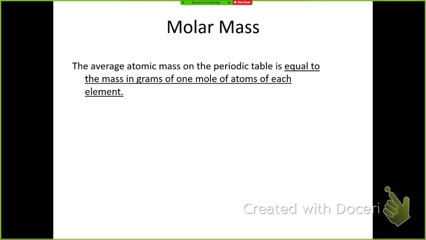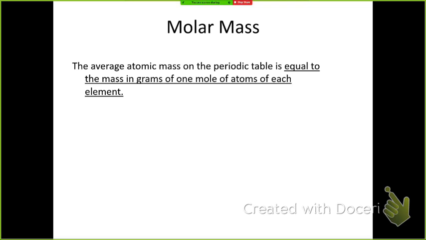So that means that a mole of hydrogen atoms weighs 1.01 grams, and a mole of carbon atoms weighs 12.01 grams. So the same number of atoms has different masses because carbon atoms are heavier than hydrogen atoms.